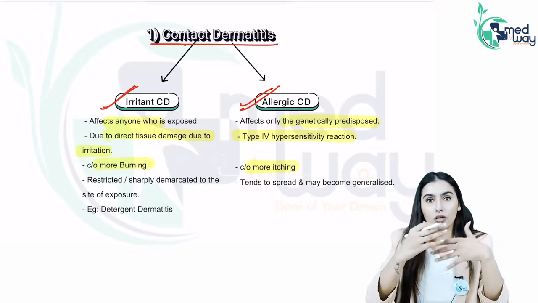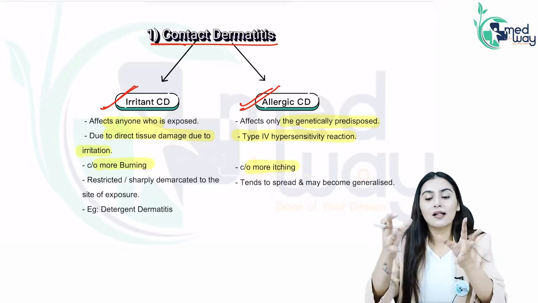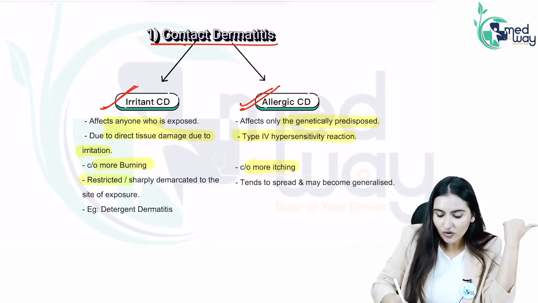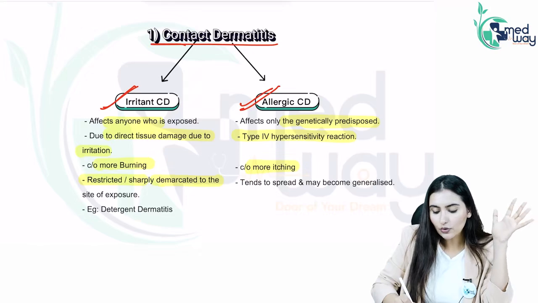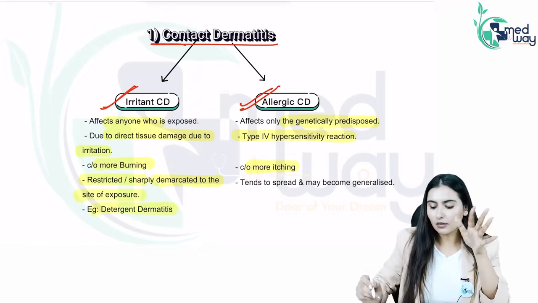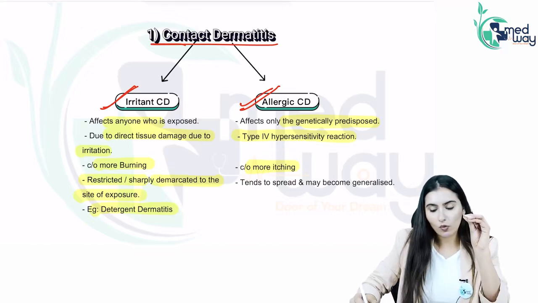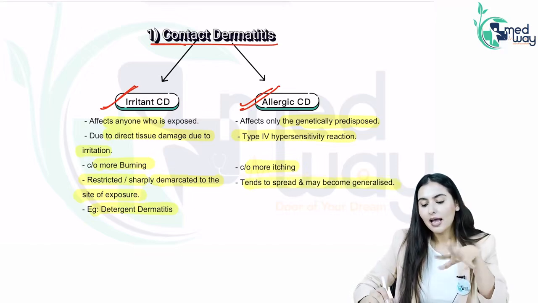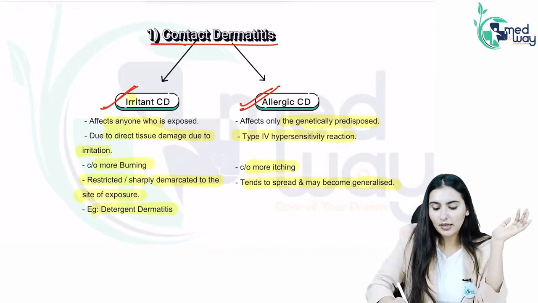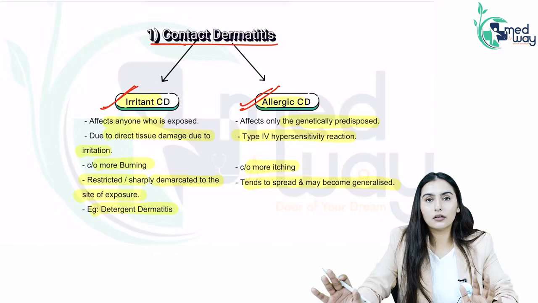But irritation is only limited to the place that was exposed to the irritant. Okay? So this is restricted, sharply demarcated to the site of exposure. Example, detergent dermatitis. But allergic contact dermatitis, in the starting it will be a little, but it tends to spread and it becomes more generalized. Okay? So this is the difference between irritant and allergic contact dermatitis.